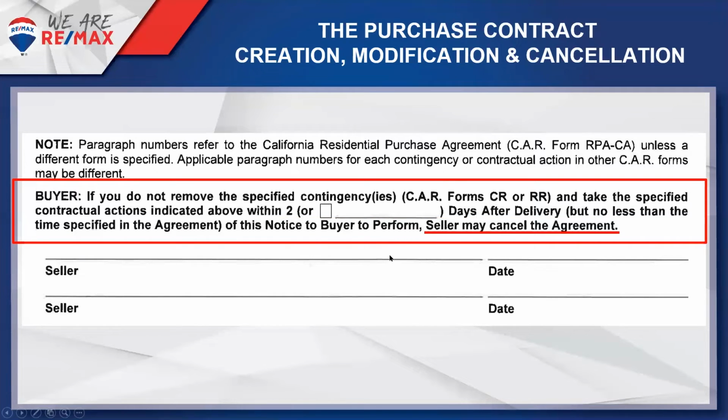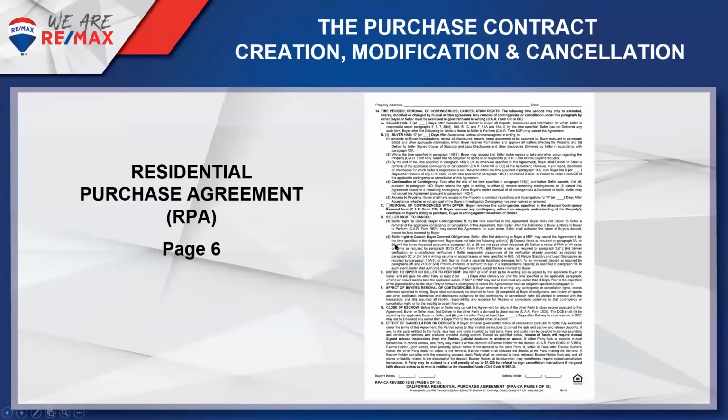I know RE/MAX United agents know this. There are a few agents out in the universe that we deal with that have learned this as well. As a buyer's agent, I'm going to suggest you take advantage of this. As a seller's agent, I'm going to suggest you look out for this. What am I talking about?